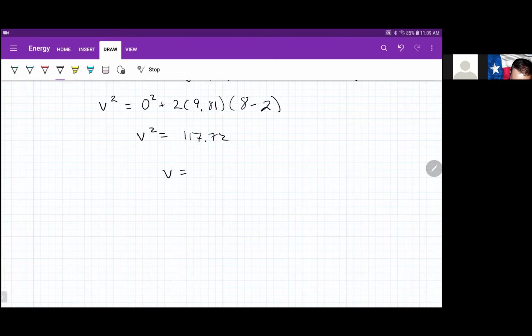So taking the square root, you should get 10.8 or something close to it, meters per second. Sometimes I forget to put in that one when I'm using 9.8. I just put in 9.8 for the g. So if your values are a little bit different from that, that's the reason. So don't think you're doing something wrong with your calculations or anything. I just sometimes forget to add in that one when I'm doing the calculation for these problems.